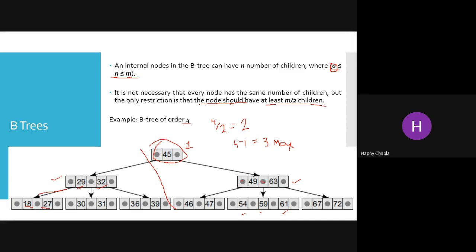In between 29 and 32, if you want to create a node, it must be in the range of 29 and 32, so 30 and 31. Whatever key values you insert at the right-hand side are always greater than 32 but less than 45. Clear? The same rule applies here also.